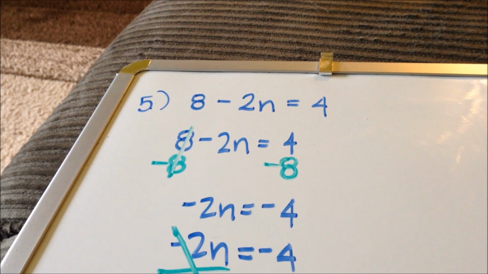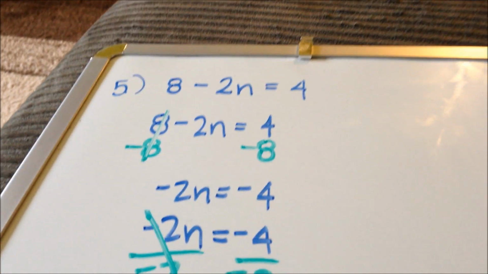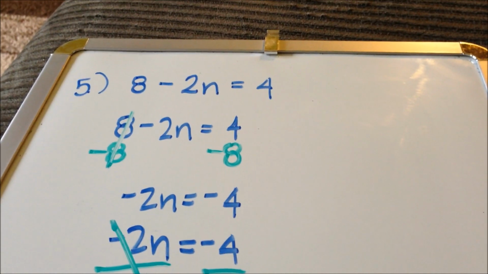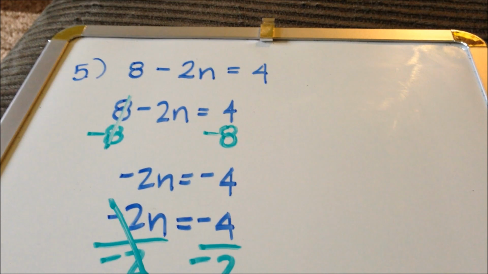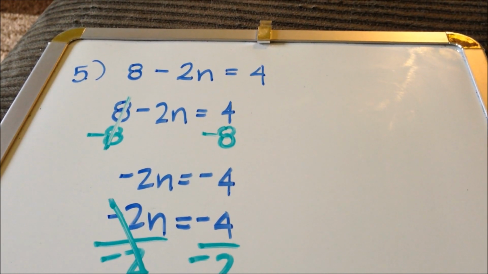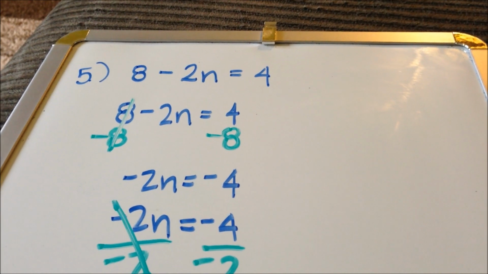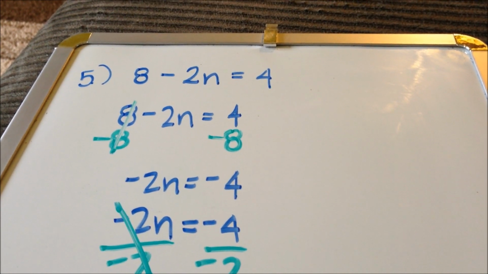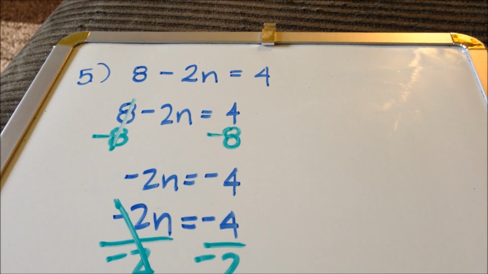Number 5 was 8 decreased by twice a number is 4. Find the number. So at this point we have 8 minus 2n equals 4. This is a two-step problem. We want to get rid of what's least directly connected to the variable. Let's get rid of the 8 first.